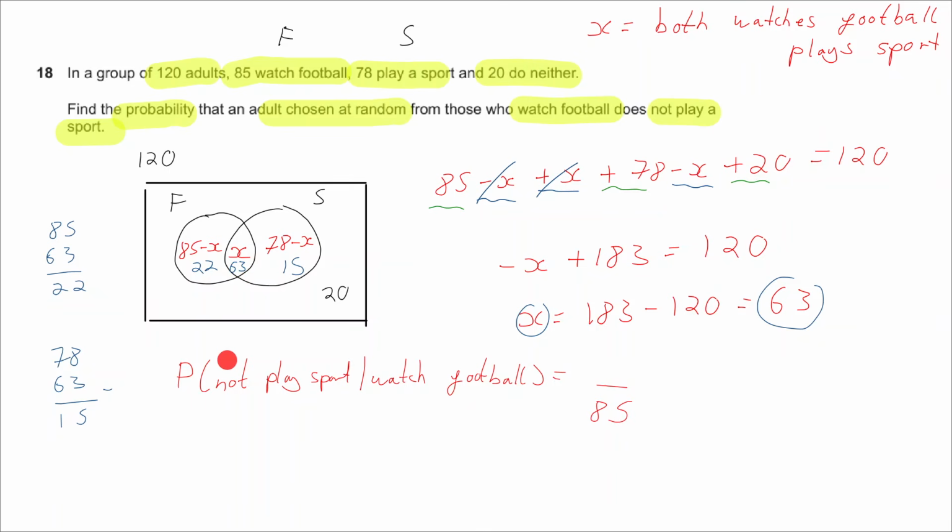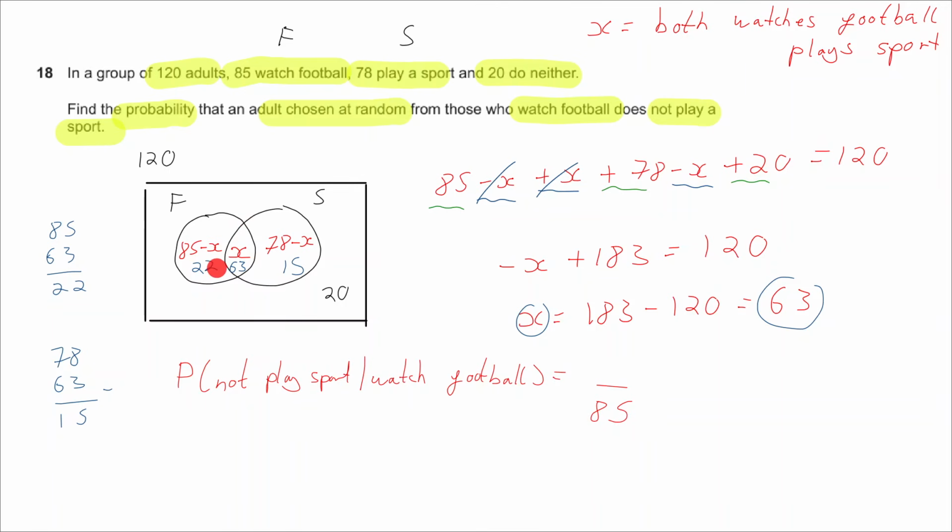And the probability that they do not play sport, well, if it's in the middle, that would include people that play sport, so it must be the 22, because these just watch football. Sorry, the probability that they do not play sport, given that they watch football, make sure we're getting this right.